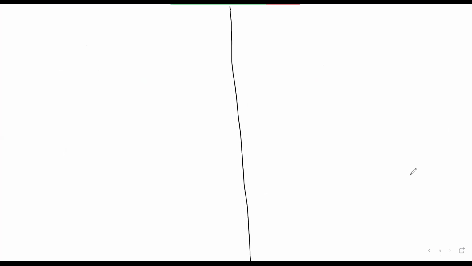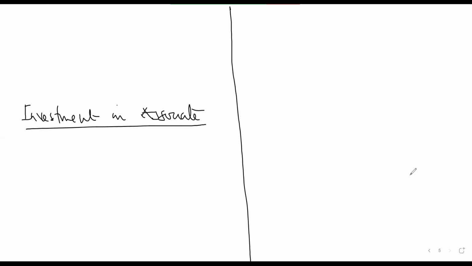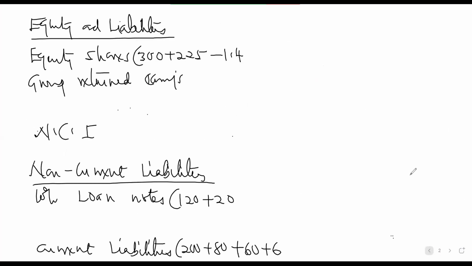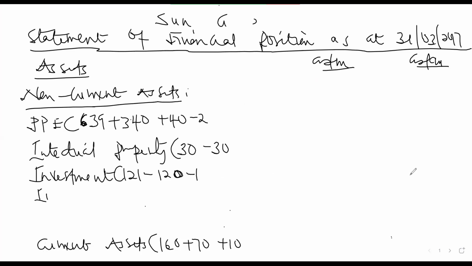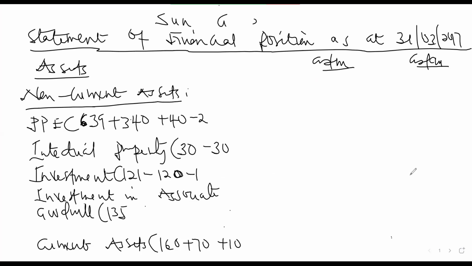You have investment in associates or investment in Galaxy, anyhow you want to name it. So let's go to the statement of financial position and have investment in associates. We also have the goodwill of 135. Maybe there might be impairment. We come and net it there.